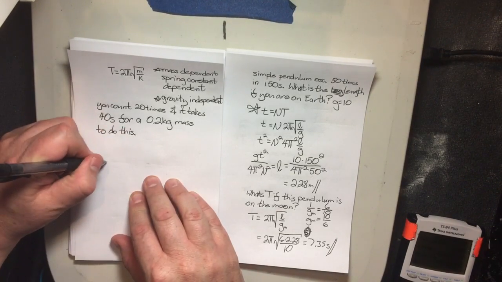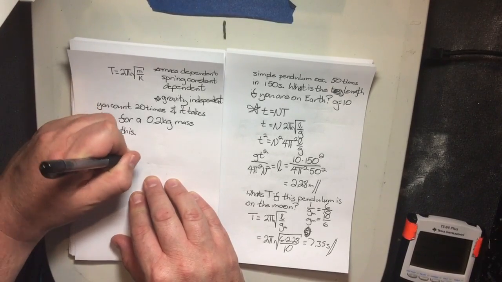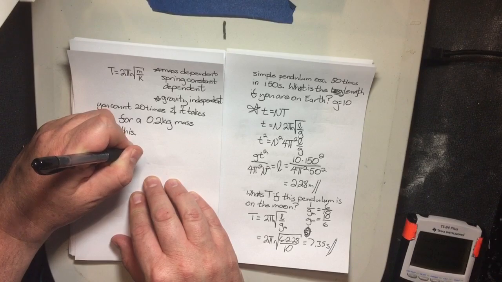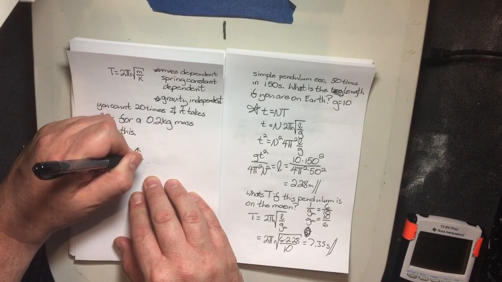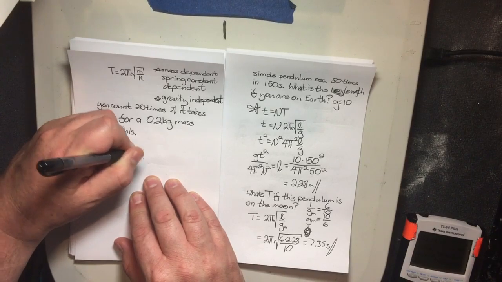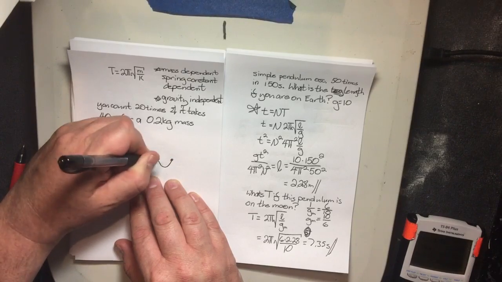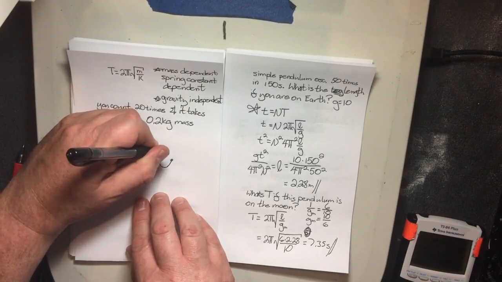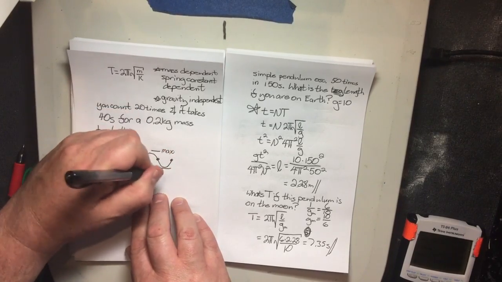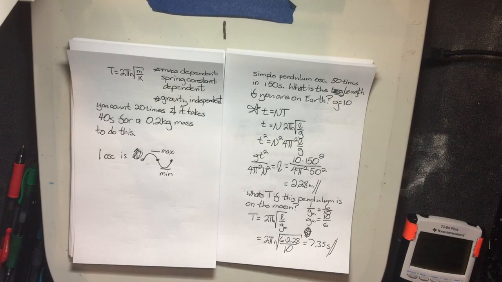And one oscillation is like, it starts level, it reaches its max, it reaches its min, and then it returns to its place.